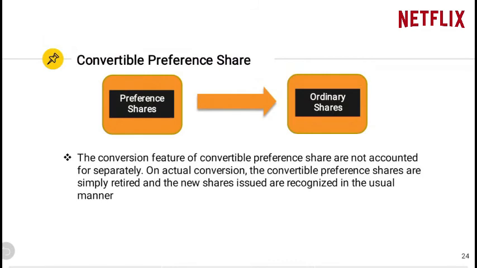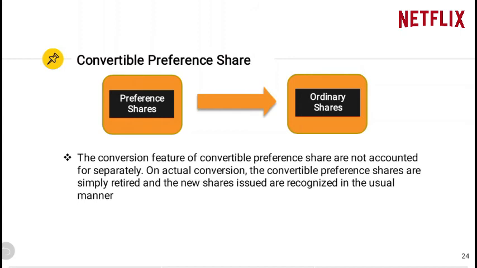Convertible preference share. So, ibig sabihin nito, ito yung preference shares na pwedeng i-convert into ordinary shares. Dito, on the date of issuance, same procedures lang. Ibig sabihin, the journal entry is to debit cash for proceeds and credit share capital. Kapag naman dating sa conversion, kailangan i-compare yung issue price and yung par value of common stock.